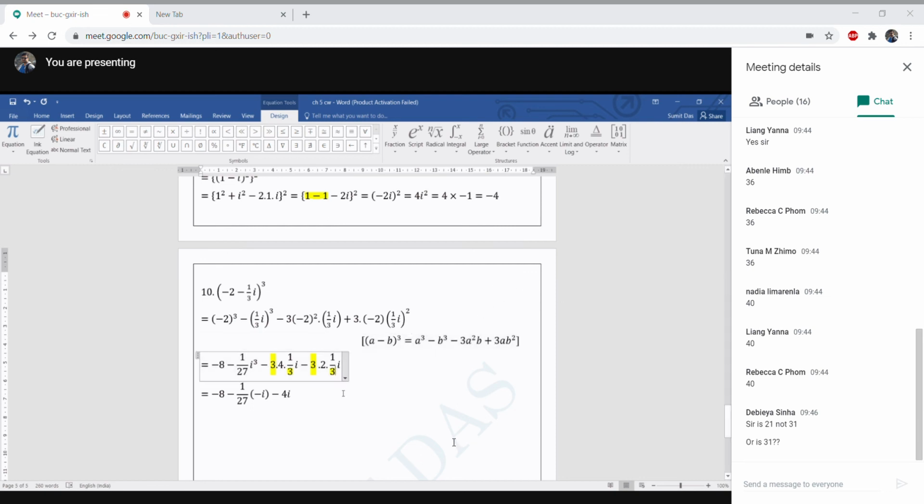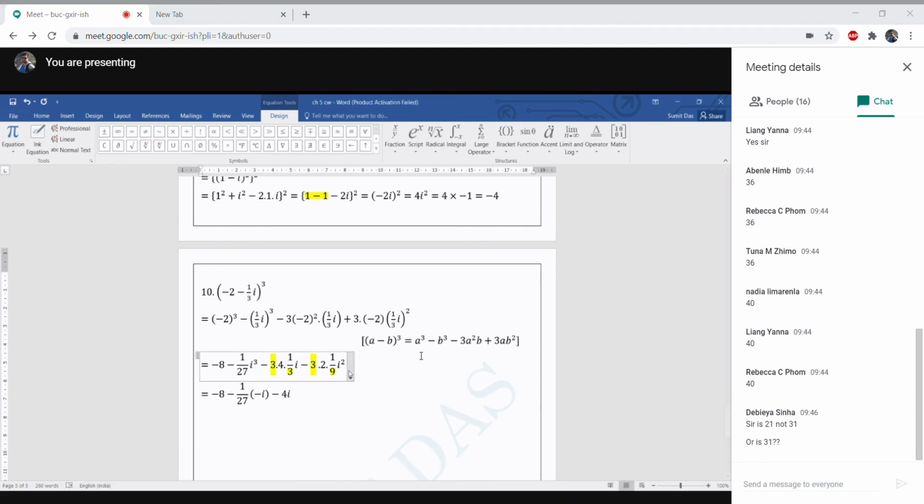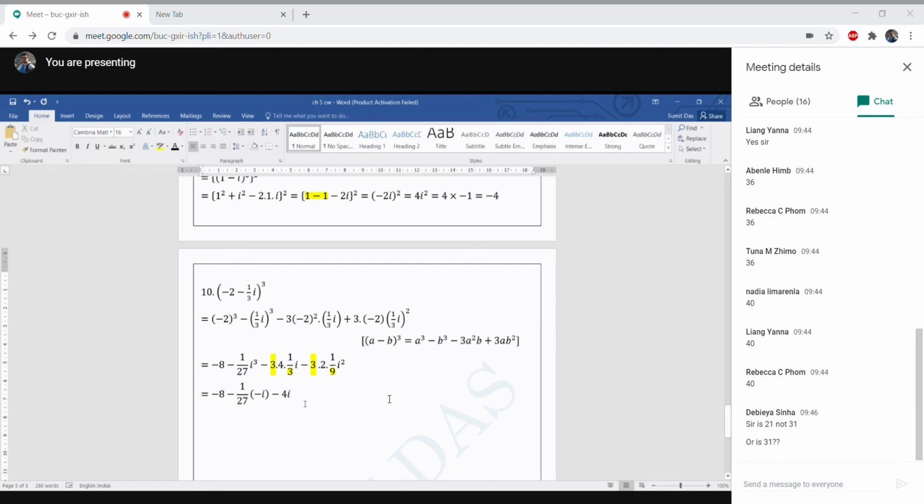So it will be 1 by 9 i square. Okay, this one was my mistake. So the 3s will cancel. Next line it will be minus 3 and this will cancel, so it will be 2 by 3, right? Because 3 into 3 is 9, and the value of i square is minus 1.